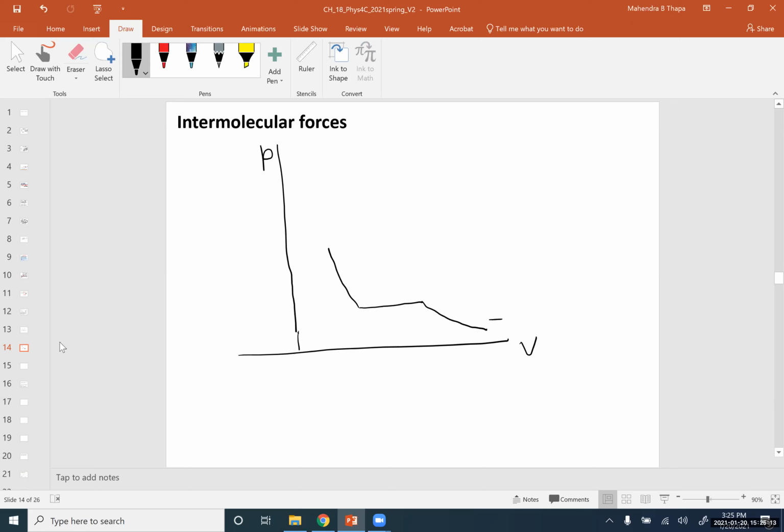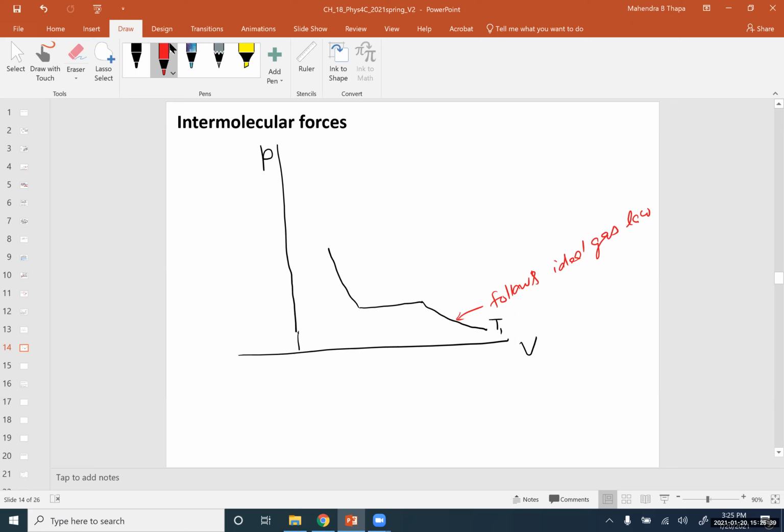So what is it telling about this? It's telling that up to this point, it follows Boyle's law, in general the ideal gas law, but at a given temperature.